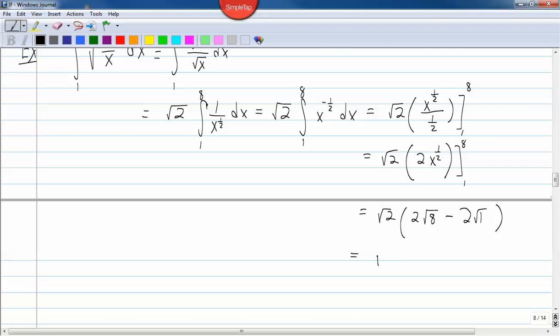Alright, so this is the square root of 2 times the square root of 8, which is the square root of 4 times the square root of 2, or 2 square roots of 2. So that's 4 square roots of 2 minus 2.